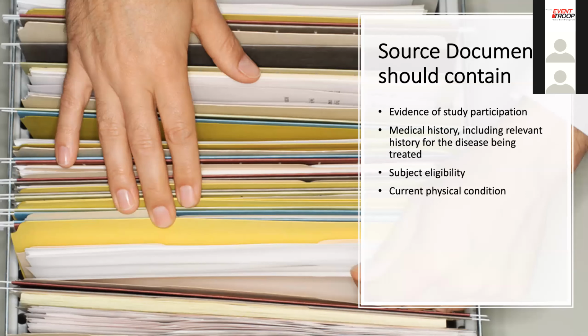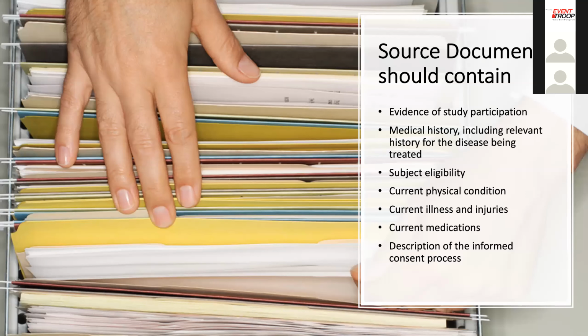The subject's current physical condition should be there. This is routine medical documentation. The current illnesses, the current injuries should be there. The current medications they are taking, all of this should be clearly there.